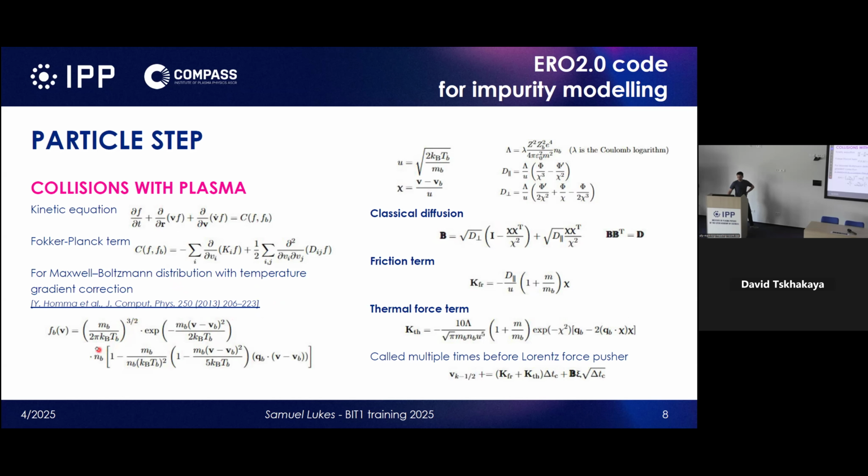And here it is only additionally assuming this temperature gradient correction for the Maxwell-Boltzmann distribution, which then gives you immediately also the coefficient for the thermal force. So that's why there is this contribution. But otherwise, you have from the, let's say, classical analysis, the classical diffusion and the friction term, which you then add all together to the velocity before you calculate the Lorentz force pusher for each particle.